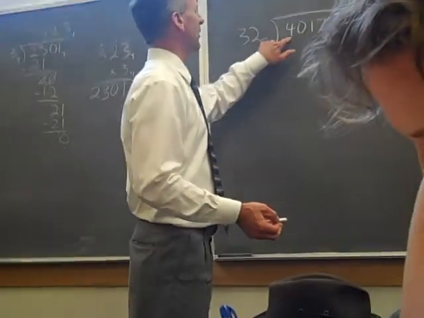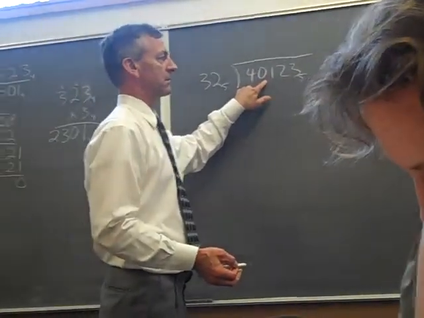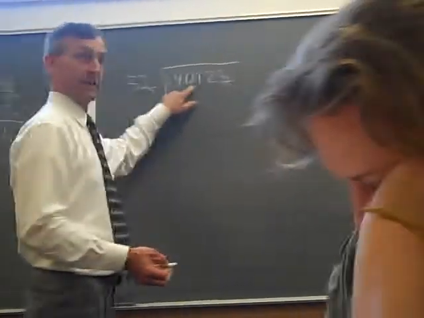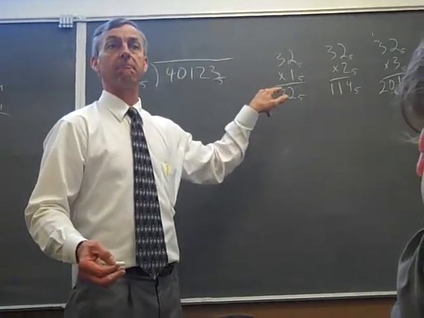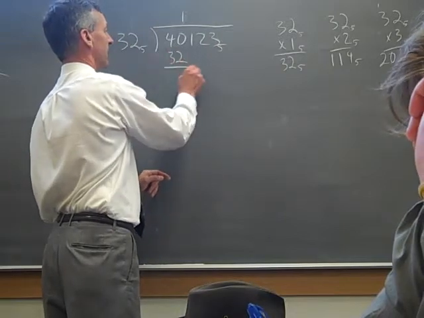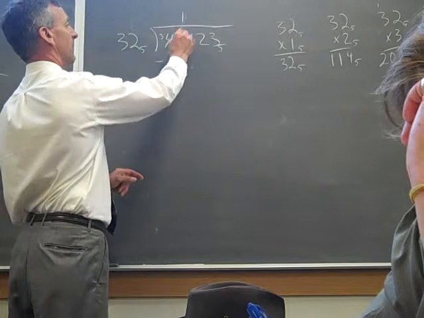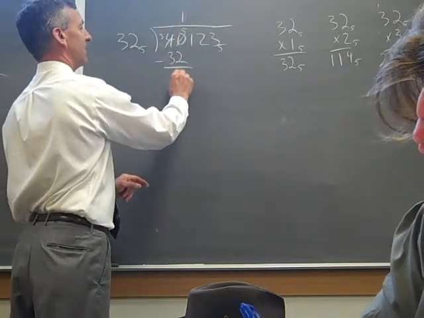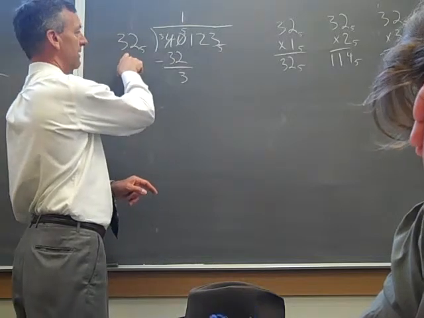Now, 3, 2 won't go into 4. Will it go into 4, 0? Yes. How many times, looking at our answers? 1. And we know the product here, right? Subtracting, come over, get a 5, that's a 3. It's smaller than my divisor.